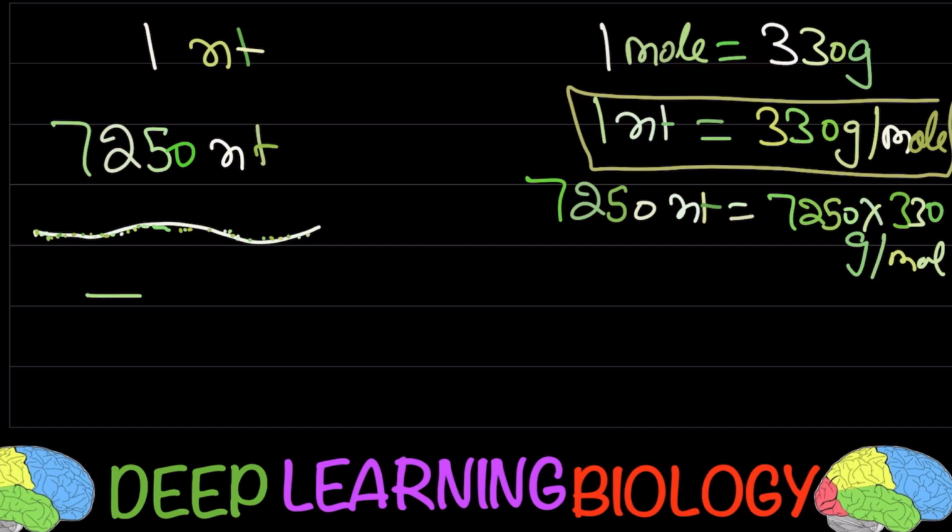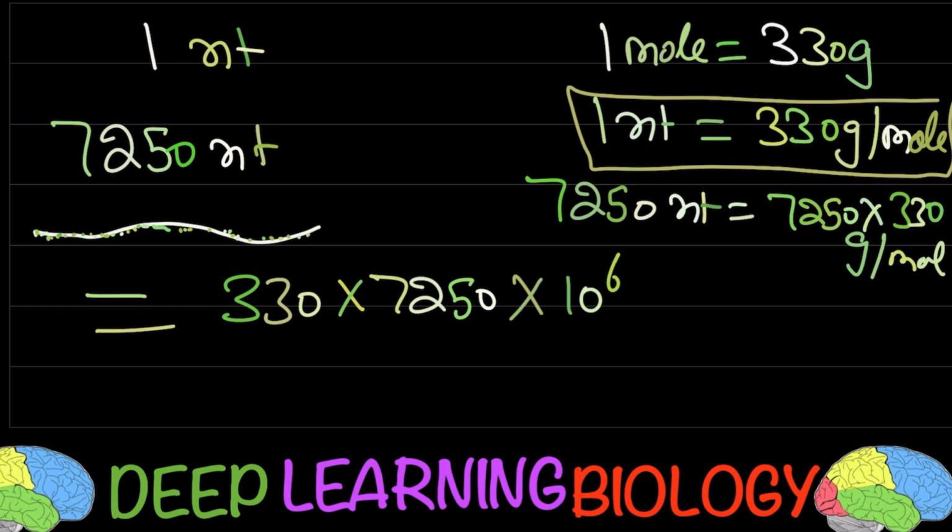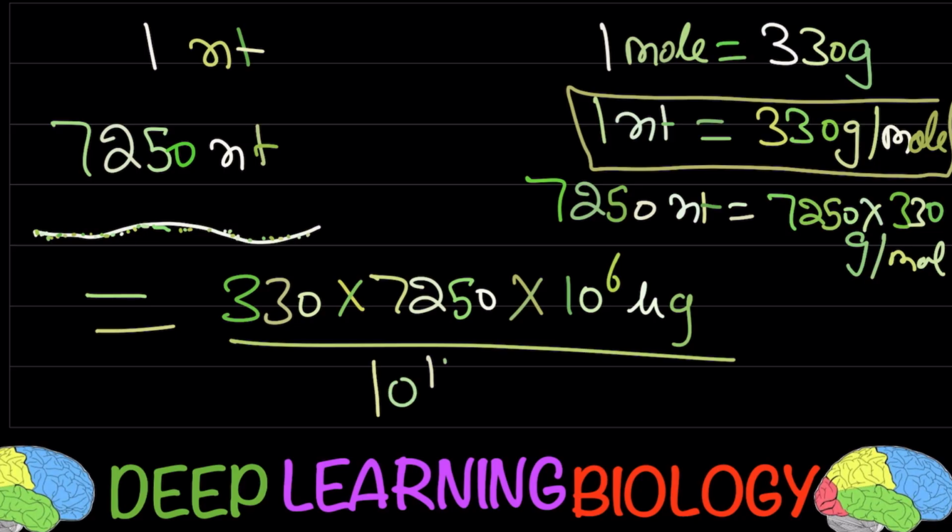Now convert this. So here you see 330 into 7250. Convert gram into microgram, it is just multiplied by 10 to the power 6. And 1 mole into picomole, very simple, 10 to the power 12 picomole.